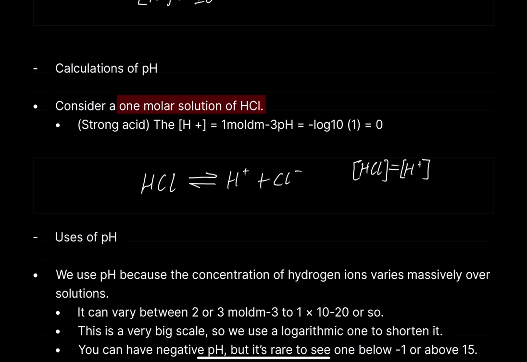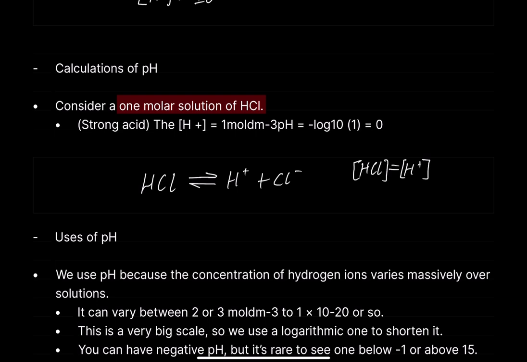The concentration of HCl is the concentration of your solution of HCl, and your concentration of H plus is a different thing, right? But technically, we assume that because HCl is such a strong acid and dissociates into H plus and Cl minus, fully releasing H plus ions in solution, the concentration of HCl is the same as the concentration of H plus.